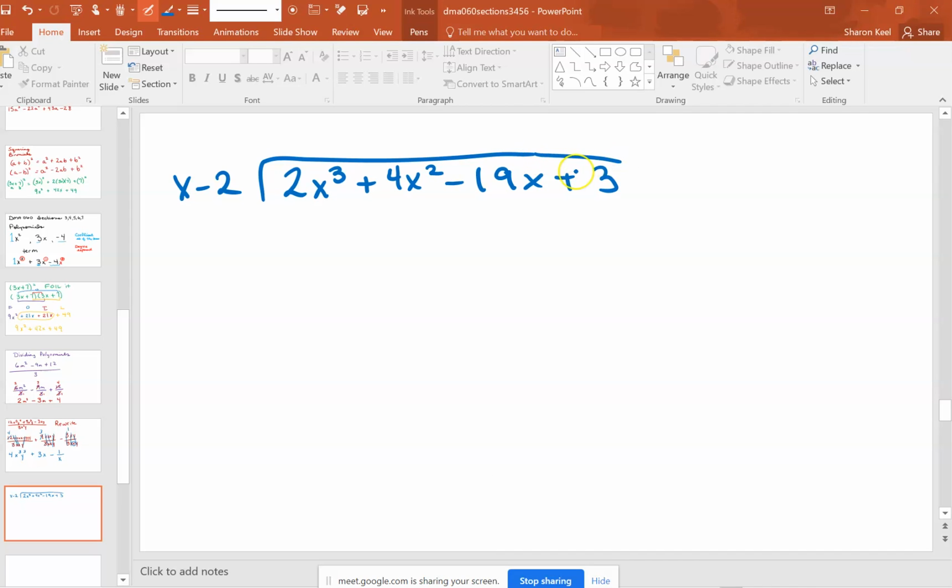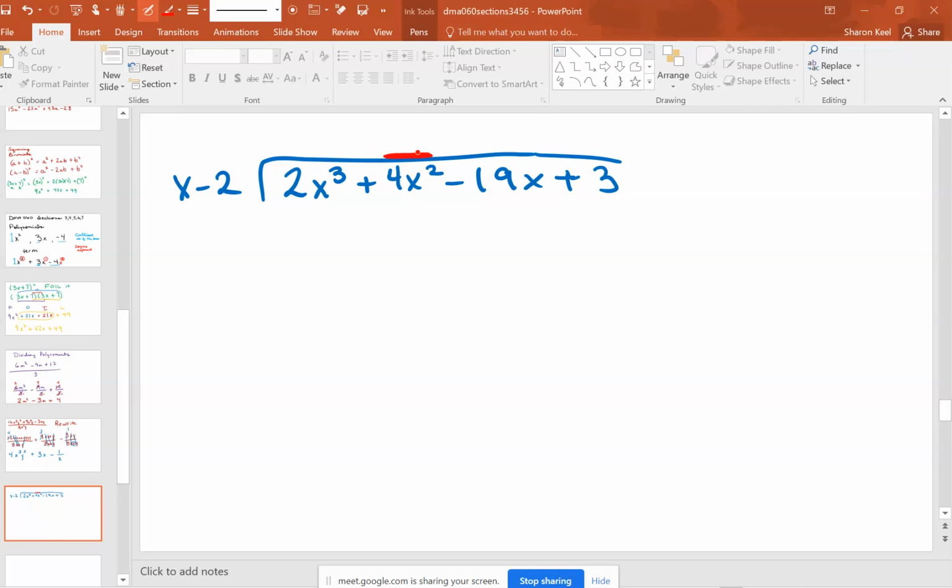For long division, it's just going to be like regular long division you would do with whole numbers. We have two terms, and it's going to go into the first two terms. So I'm going to start my answer here.